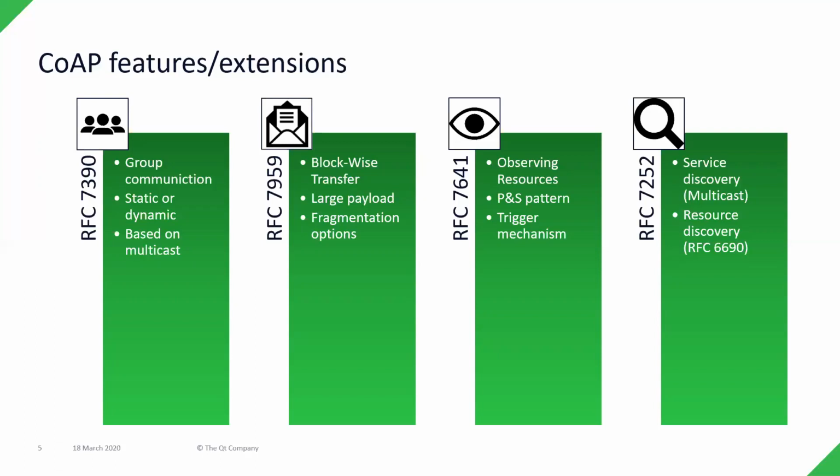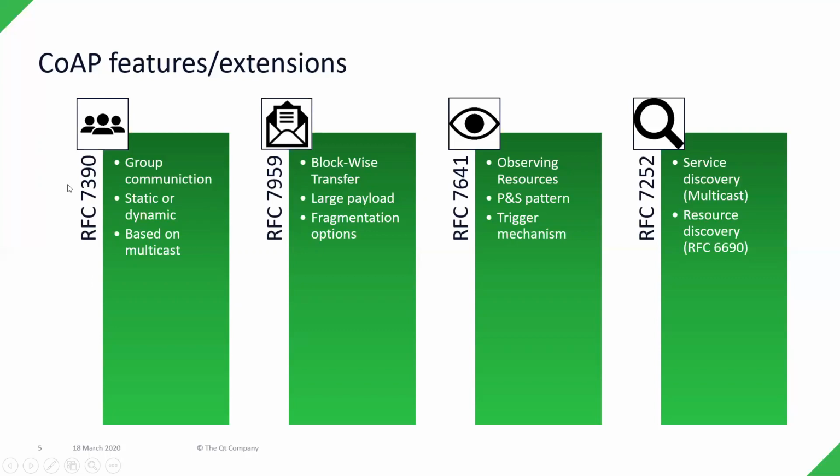And then the extensions: there are multiple RFCs which extend the protocol with additional options. I've mentioned the three most important ones from my perspective with the biggest impact, but there are one or two, a few more essentially.